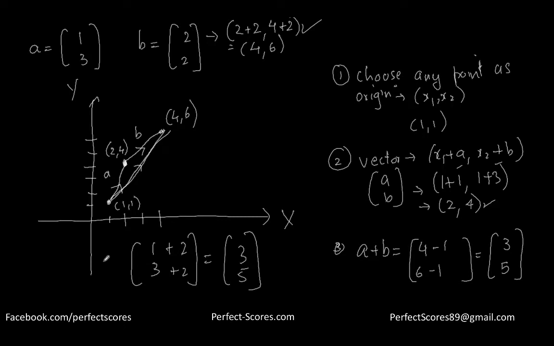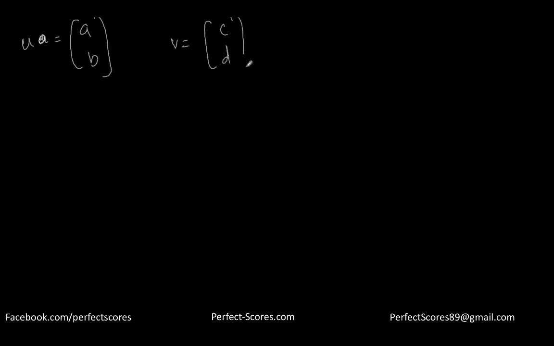So if the origin is (1, 1) and the destination is (4, 6), the resultant is (4 - 1, 6 - 1), which is (3, 5). That means if there is a vector u with components (a, b) and a vector v with components (c, d), then vector u plus v is simply going to be equal to (a + c, b + d).